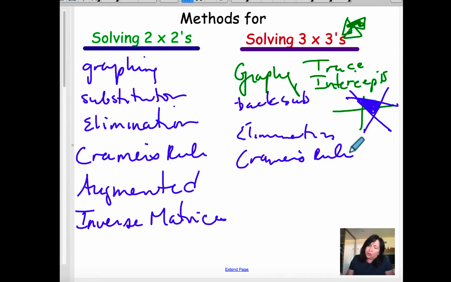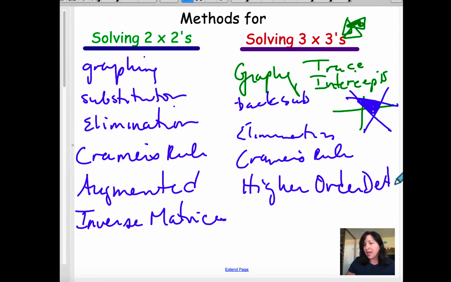Today I'm going to show you a little bit different method, what is called higher order determinants. We're using the Cramer's rule setup, but we're using the higher order determinants to solve. And lastly, the calculator method. So we're going to explore all these options for today. So let's see how far we get.